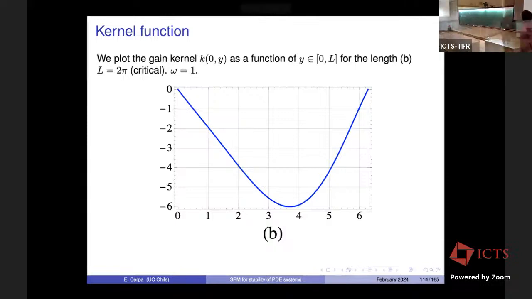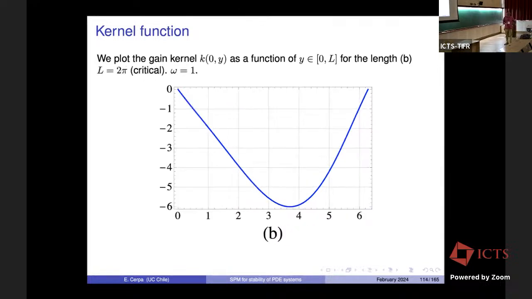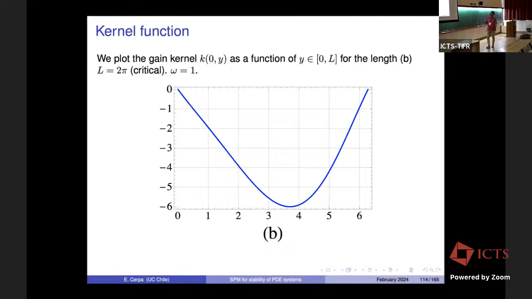When we do the same for a critical value, L equal to 2 pi, the shape is kind of similar, but what is important is the scale. Here we have a flat kernel, and in the first critical case, L equal to 2 pi, we see that we need some power: a solution which is not flat and near 0.